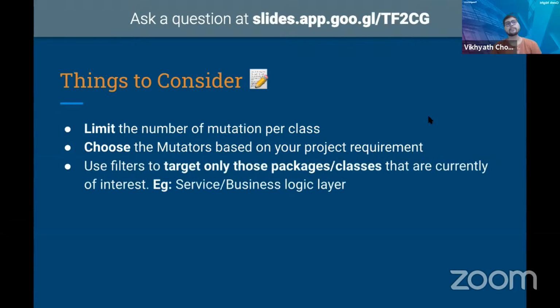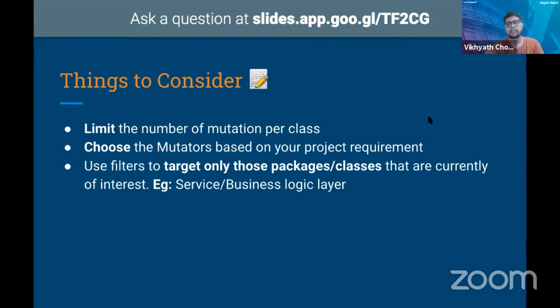Yeah. So use filters to target only specific packages in the whole project, right? Let's say the main business logic layer or the service layer, just target that at first. If you target the whole code base, you might end up running a lot of unit tests for a long time, and it will take a lot of your CPU usage as well. If you're running in the cloud, then you might also end up spending much.